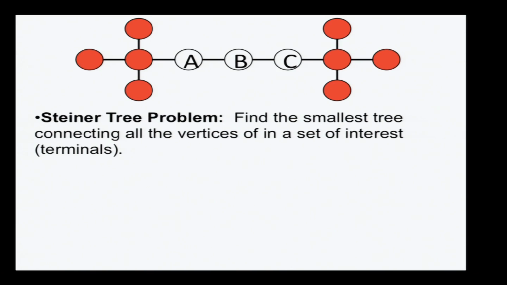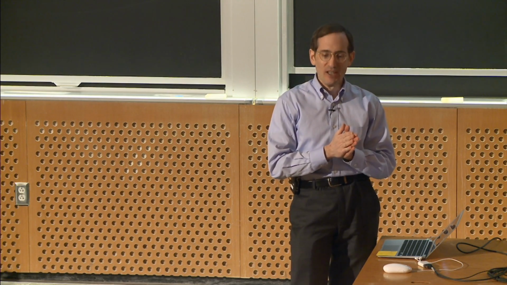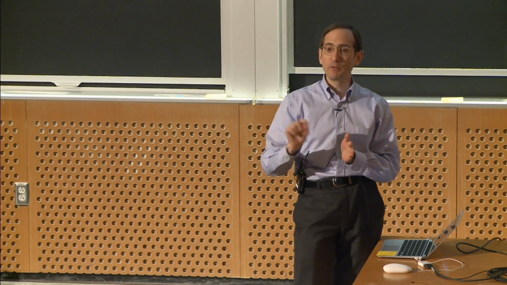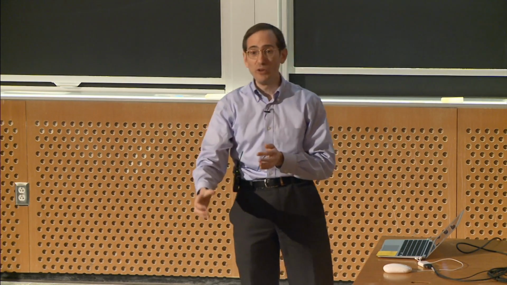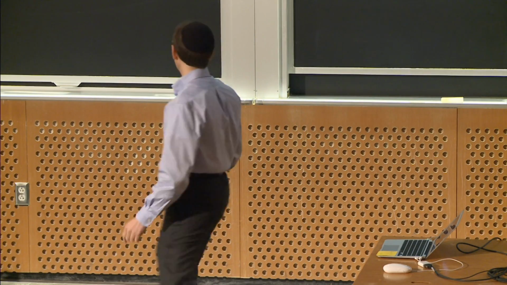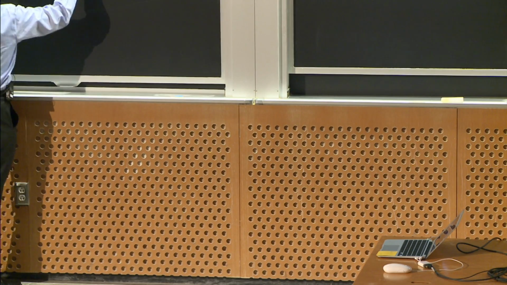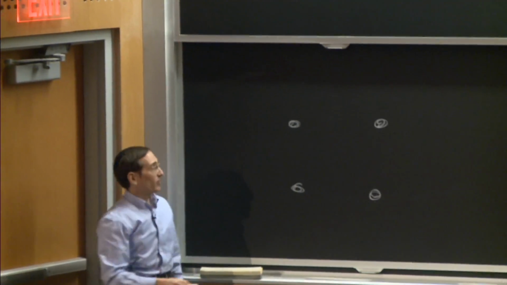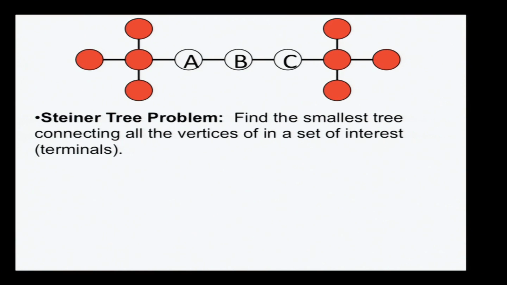So if I want to wire up a bunch of buildings, back when people used wires, say to give telephone service, I need to figure out what the minimum cost is for wiring them all up. Sometimes that involves sticking a pole in the ground and having everybody communicate to that pole, right? So if I've got paying customers over here and I want to wire them to each other, I could run wires between everybody, but I don't have to.